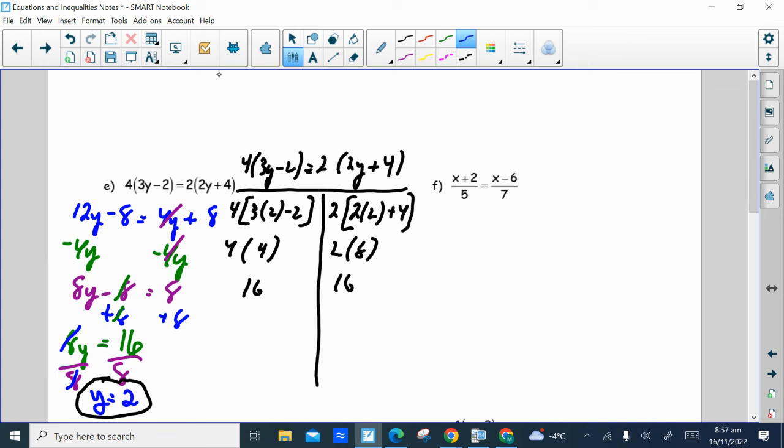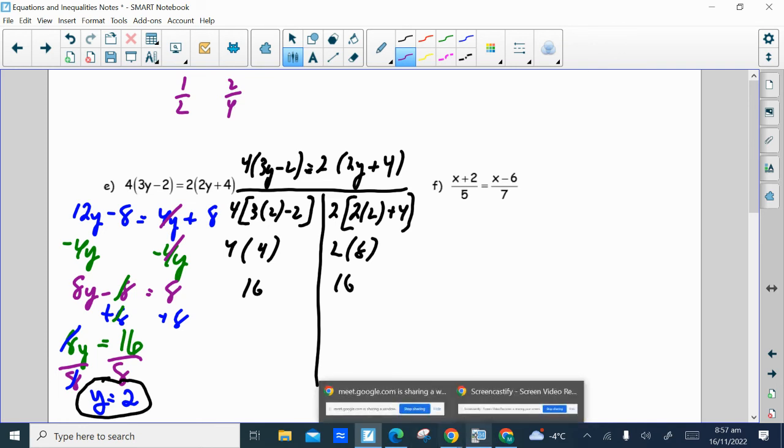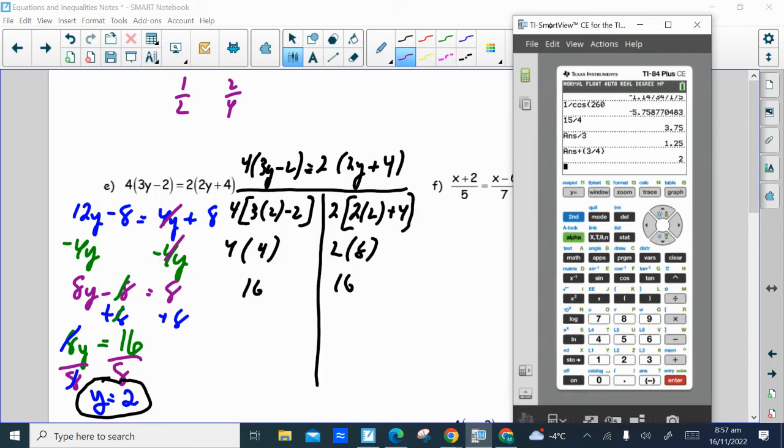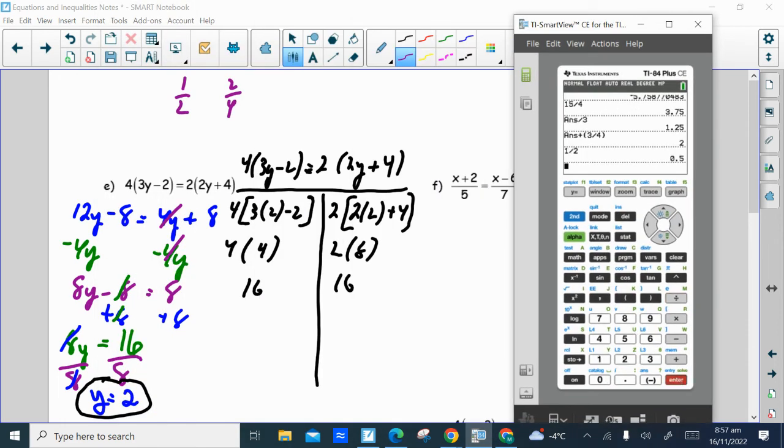If you take the fraction 1/2 and 2 over 4, those are equivalent. They have the same value. If you divide 1 by 2, you're going to get 0.5. And if you divide 2 by 4, you're going to get the same decimal. They're equivalent.